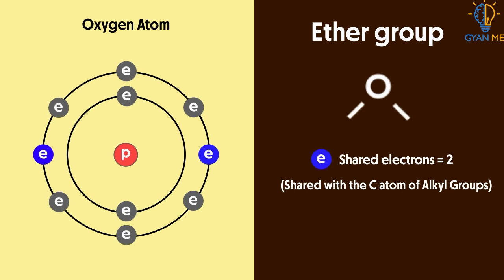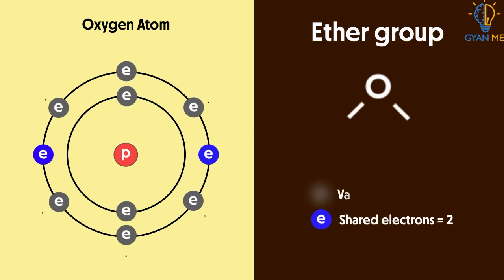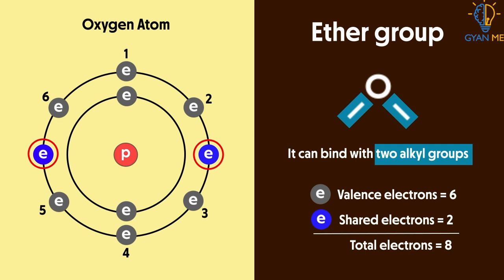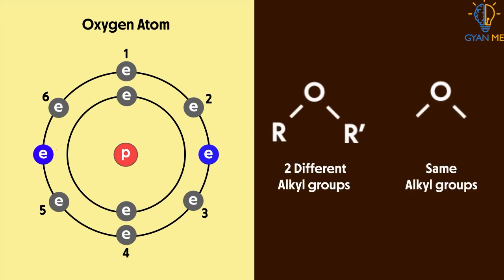Yes, as you can see from the structure and the electronic configuration of oxygen, it has 6 valence electrons and requires 2 more electrons to make an octet configuration, that is 8 electrons. So it can share its 2 electrons and thus form 2 bonds. It bonds with 2 different or same alkyl groups.